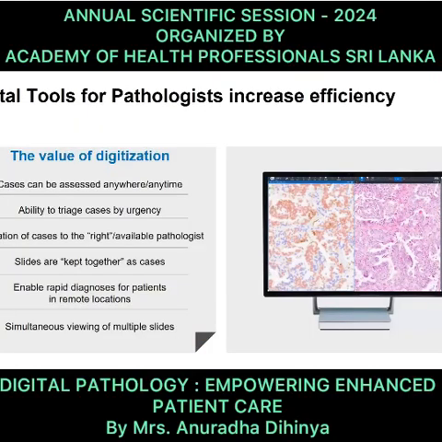Now, when you talk about the pathologist's increase in efficiency, as I've mentioned, the cases can be accessed anywhere, anytime. Urgency of the cases also can be handled. Now, coming down to the allocation of the cases. Many a time, if a pathologist is not available or goes on a sudden leave, those cases can be transferred to another pathologist within a fraction of a time.